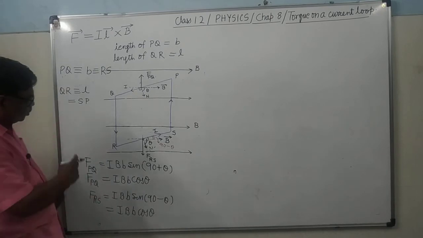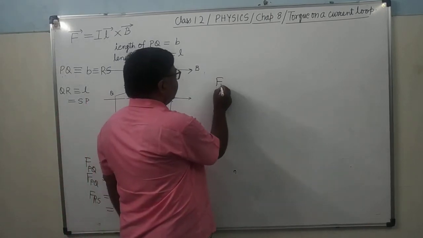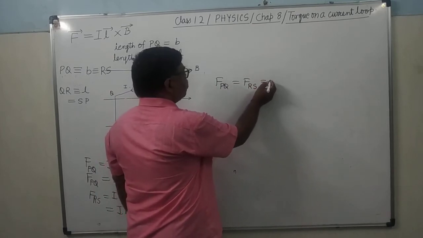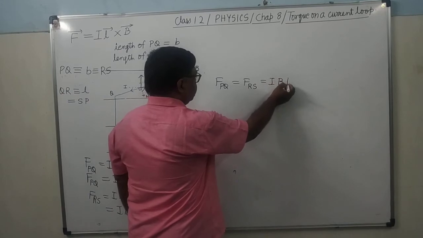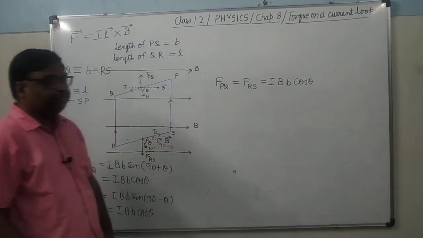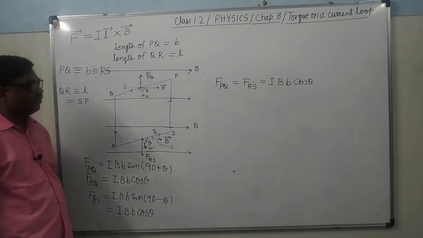So these two forces are equal in magnitude, opposite in direction. F PQ equals F RS equals I into B into small b into cos theta. Theta is the angle between the normal on the plane of coil and the direction of magnetic field.